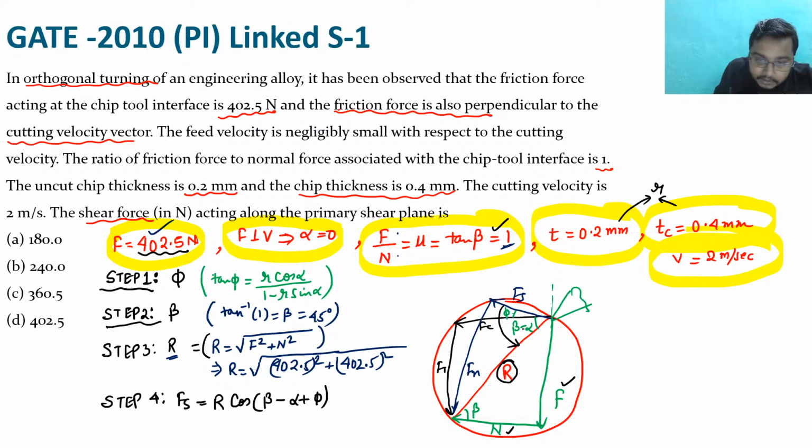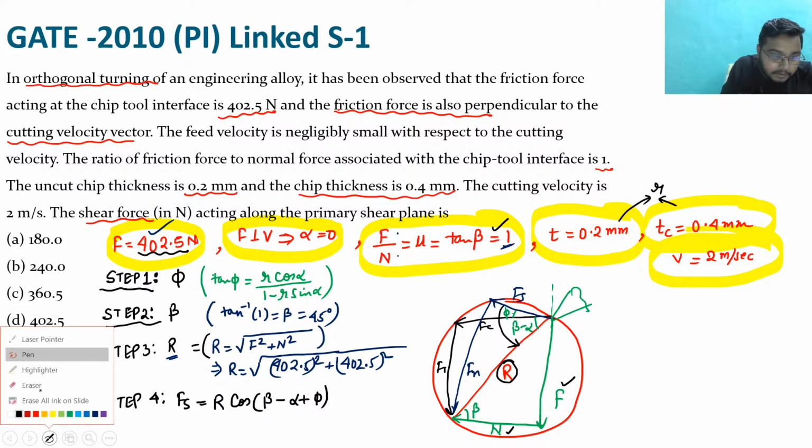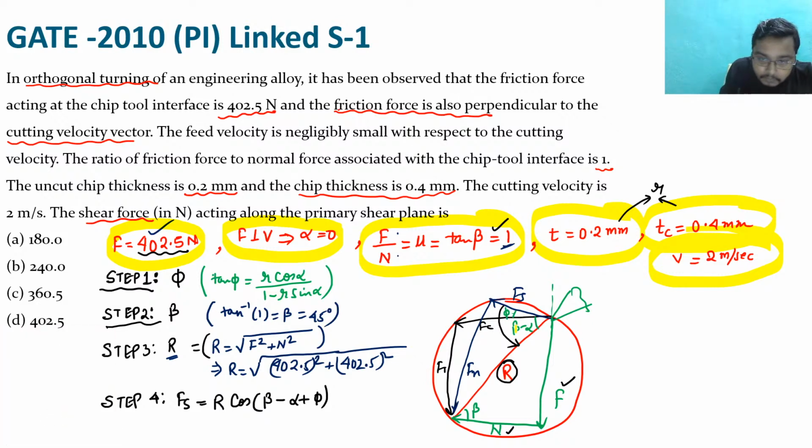Beta minus alpha is one angle, and this is phi. So adding them, you get this formula: Fs is equal to R cos of beta minus alpha plus phi. From here you will get the value of Fs.